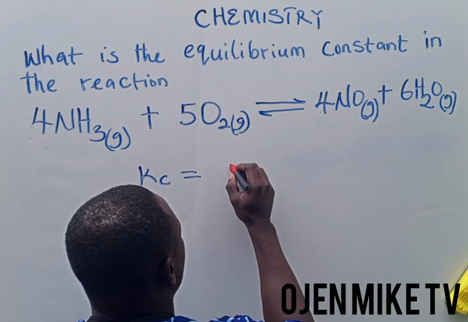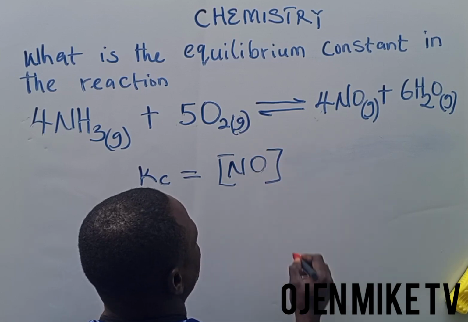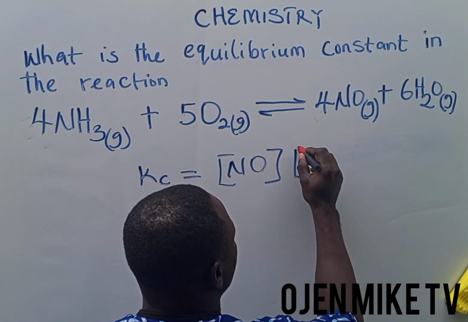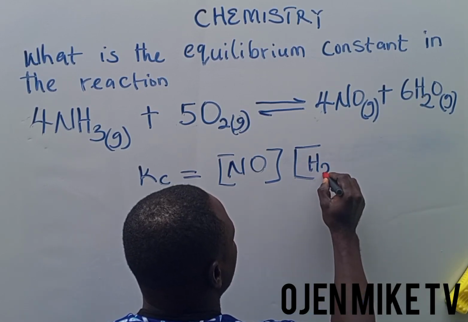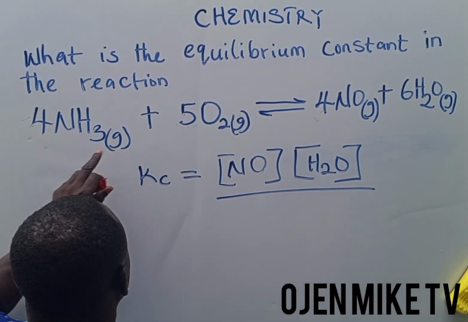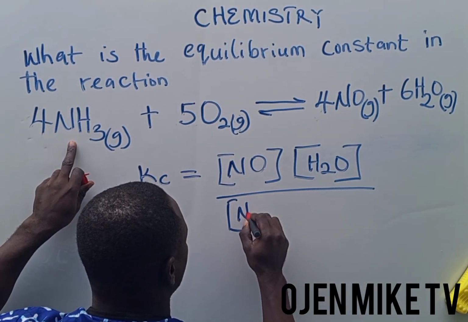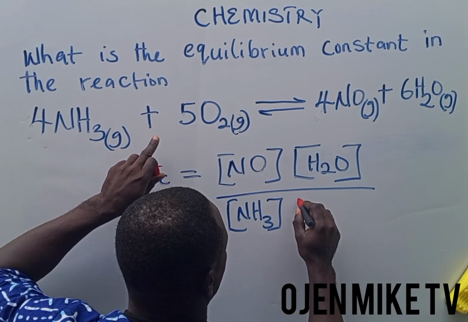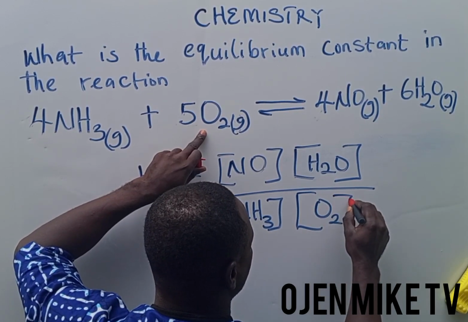Nitrogen oxide will come first, NO. This is what you multiply by what? Water. You divide by this one, ammonia, multiplied by what? Oxygen.